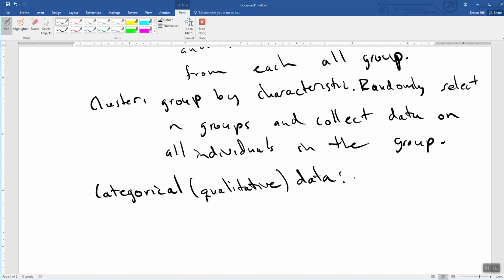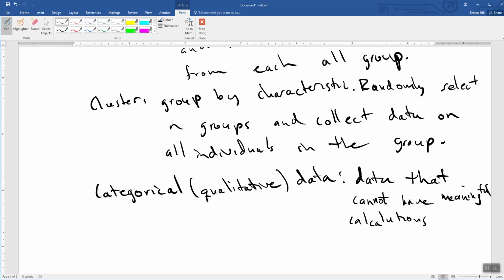And this is data that cannot have meaningful calculations done on it.